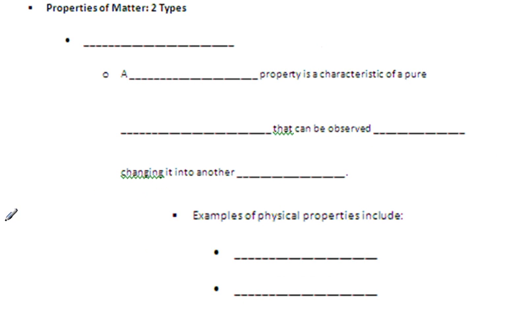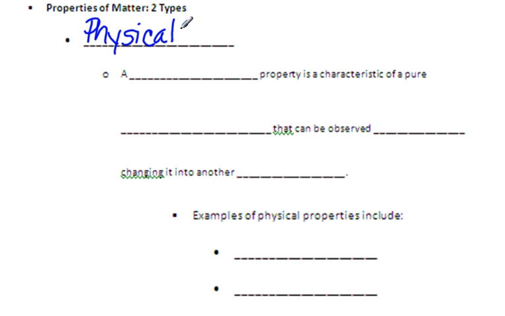Okay, let's move on to the next part. Talking about different properties of matter. Now there are two different types of properties. Let's first talk about the physical properties. Okay.